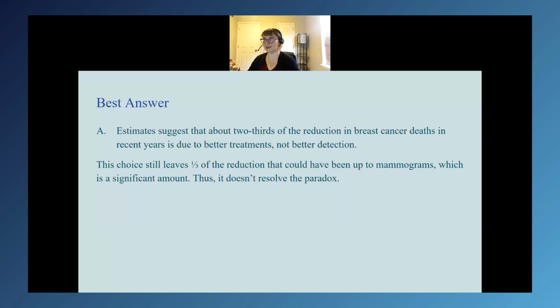That is a lot. So this one does not resolve the paradox, because a majority of the reduction in breast cancer deaths, 66%, still leaves so many percent that we could maybe fix with mammograms.